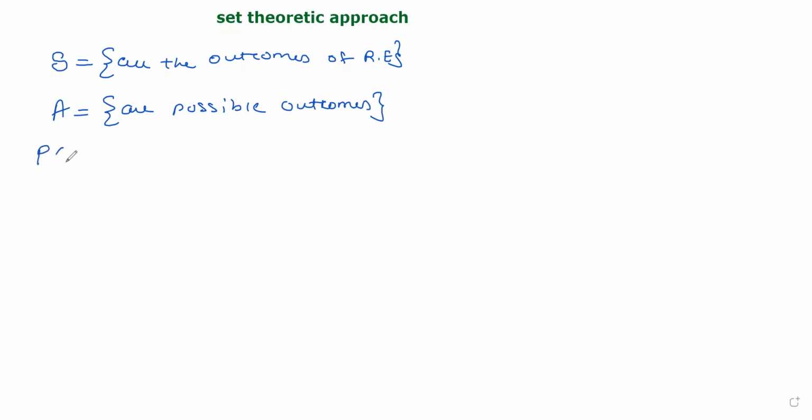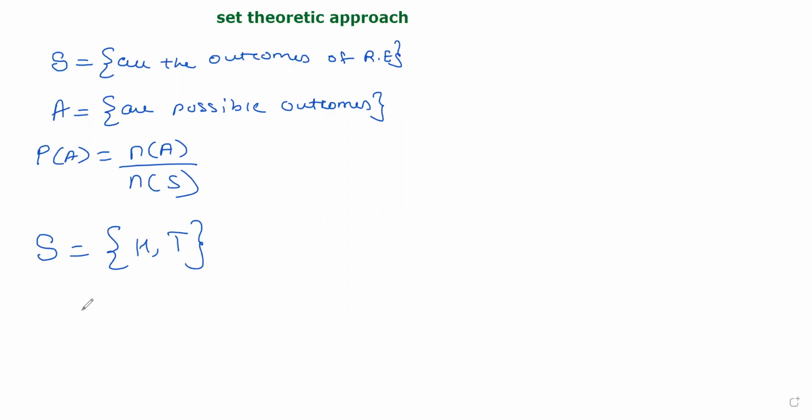Now the probability is the number of elements in event A upon the number of elements in S. For example, if I toss a coin, then my S, that is the solution set, will have head, tail. Now if I want head, then A is the set and it will have only H. So what is the probability of head? 1 by 2.